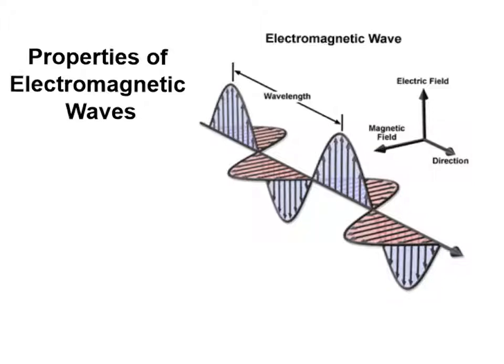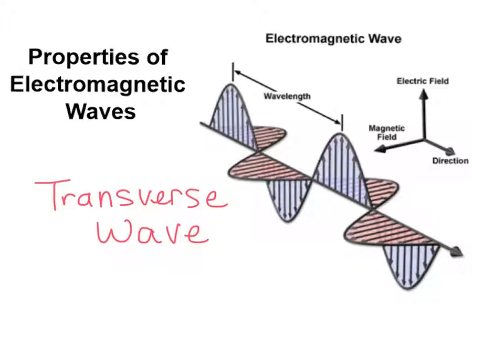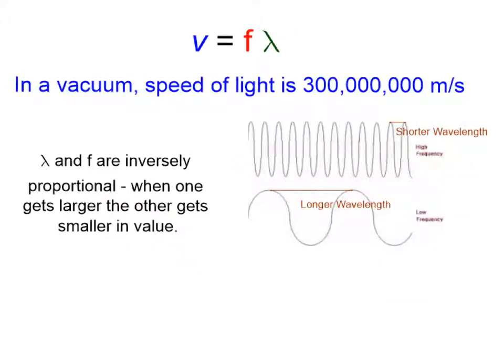So in this picture, the magnetic fields are being represented here, and the electric fields are being represented as going in this direction. So because they are perpendicular to each other, the electromagnetic wave is a transverse wave. Remember that our definition of a transverse wave is one in which the vibration is occurring at a right angle or at 90 degrees to the direction that the wave travels.